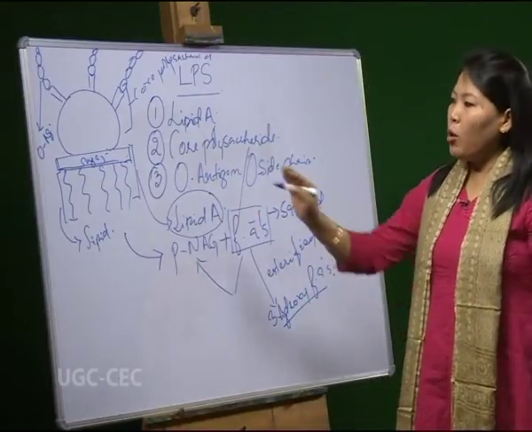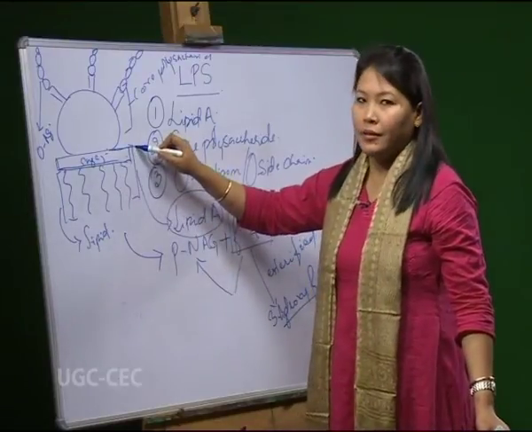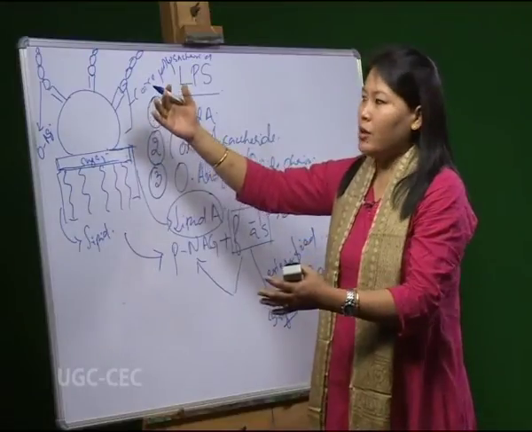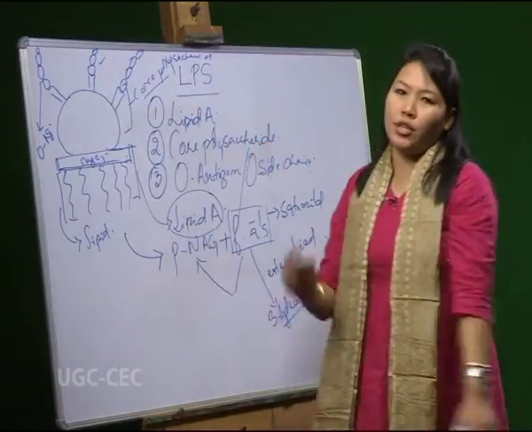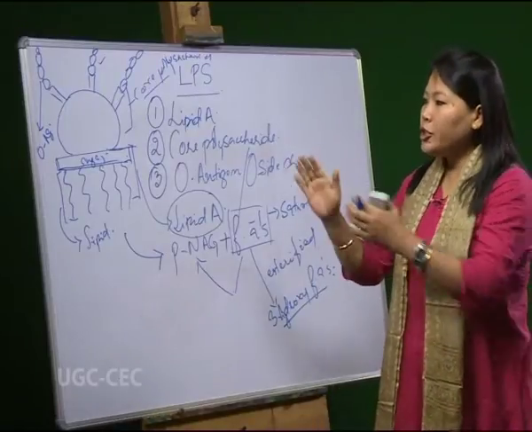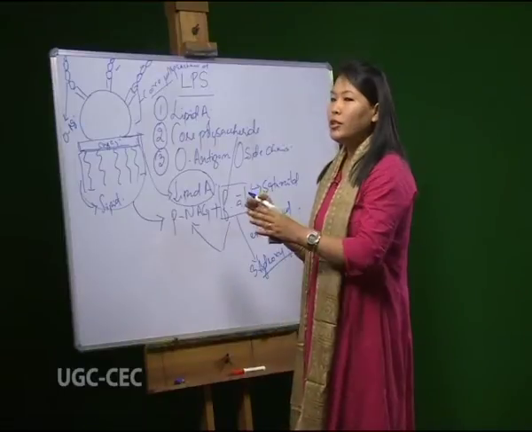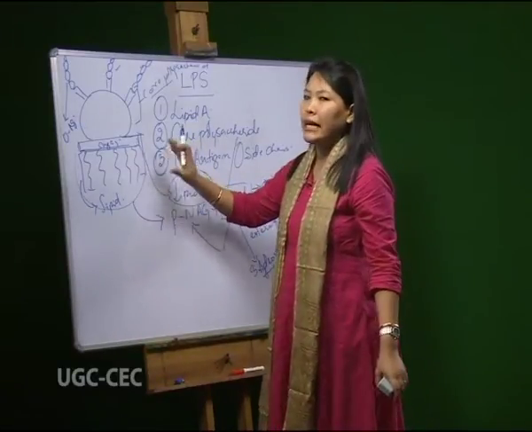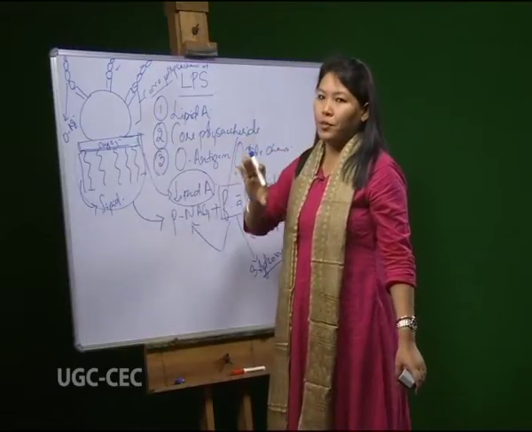But as we all know, this portion of lipid A is embedded inside the cell, so it is not exposed as compared to the core polysaccharide and the O antigen. In order to generate its toxicity, this lipid A has to be exposed.